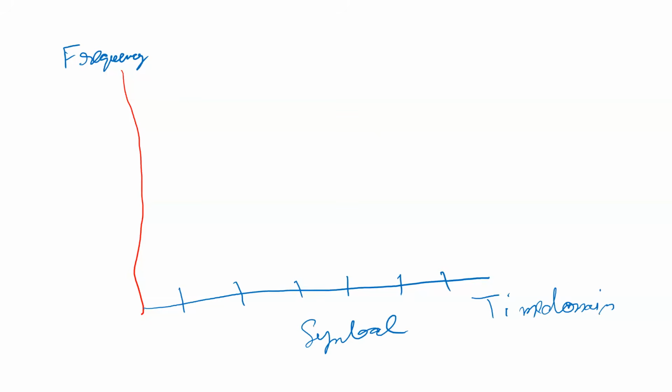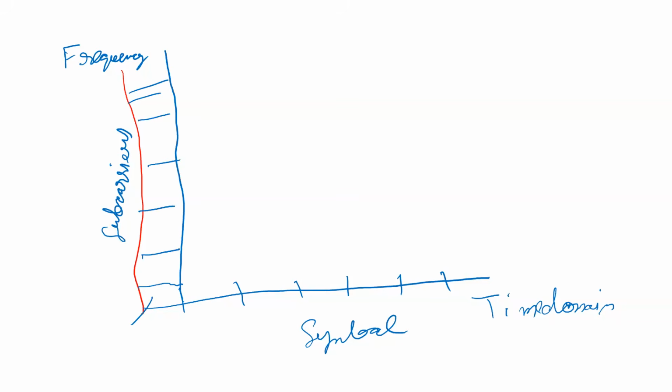In the frequency domain, we have subcarriers. And then we have the resource element. You can see like this, and this is our resource element. And modulation is assigned based on each resource element, right?